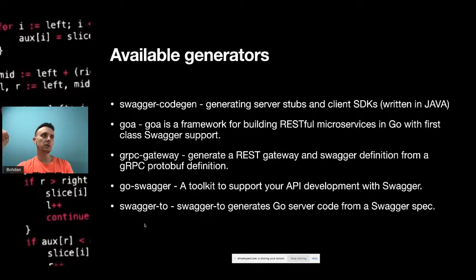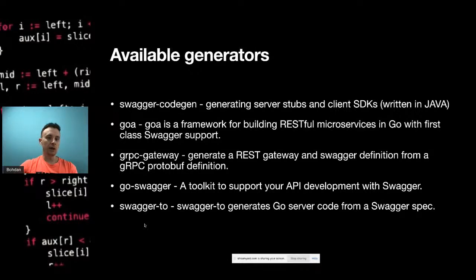It provides fairly usable code, but it's written in Java. I'm not saying that Java is something bad, right? I'm saying that this is another dependency which we need to stick to, and we don't have any Java services at all.